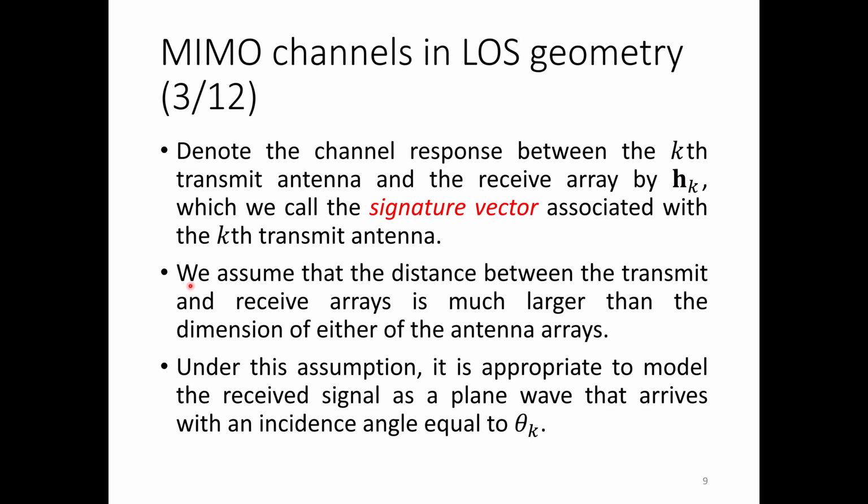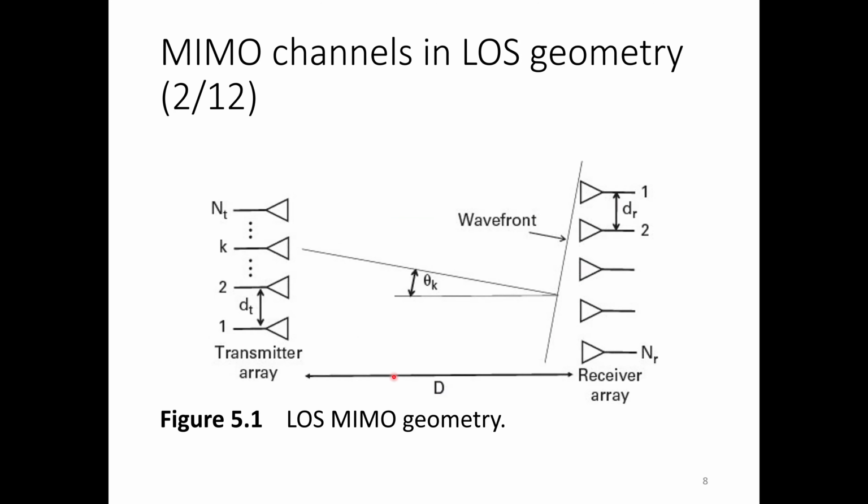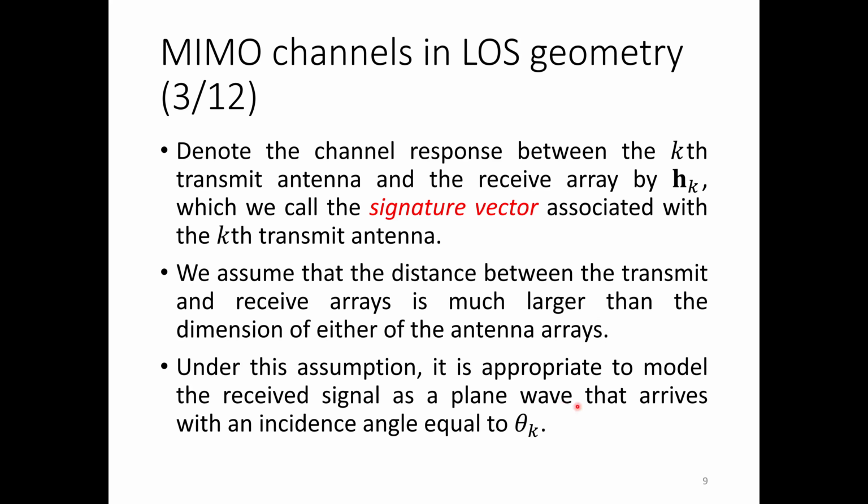We assume that the distance between the transmit and receive arrays is much larger than the size of either of the antenna arrays. So D is much larger than the size of the transmitter array, and D is also much larger than the size of the receiver array.